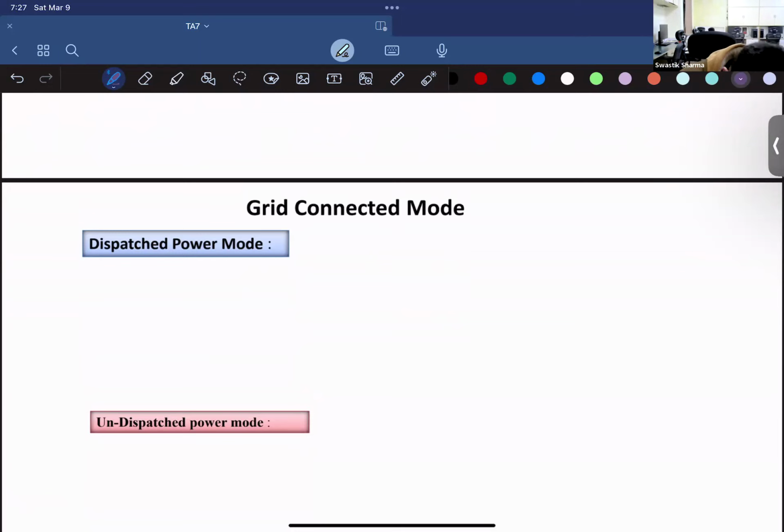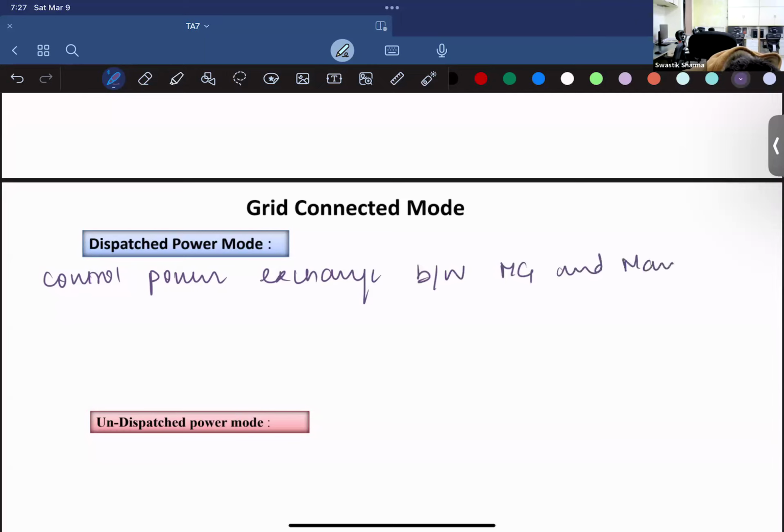So what we do is we control power exchange between main grid and microgrid. Whenever you hear the word dispatch, that means you're controlling the real power that is being taken out from that DG. So dispatching means that you are issuing a dispatch of that source. So you are controlling that power exchange.